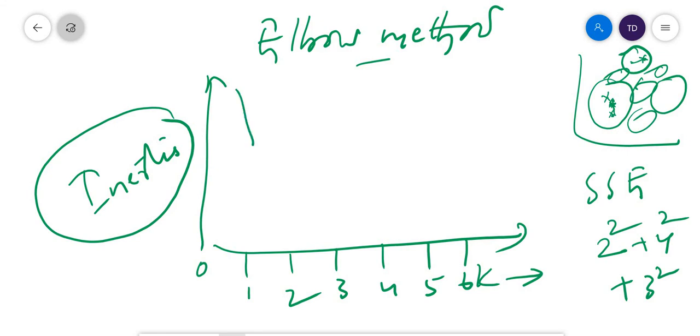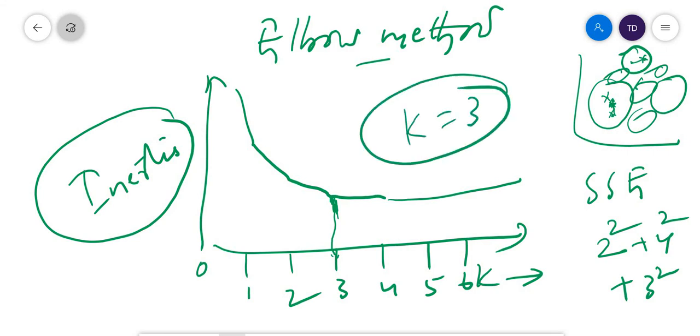So the plot looks like an elbow. Which is the minimum point here? This is the elbow. It is close to 3. So K is equal to 3. This is the method of finding the value of K.